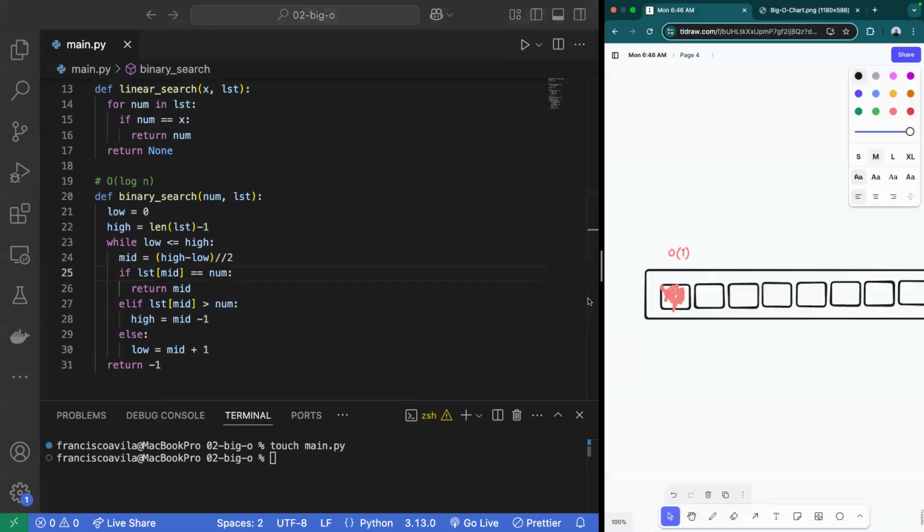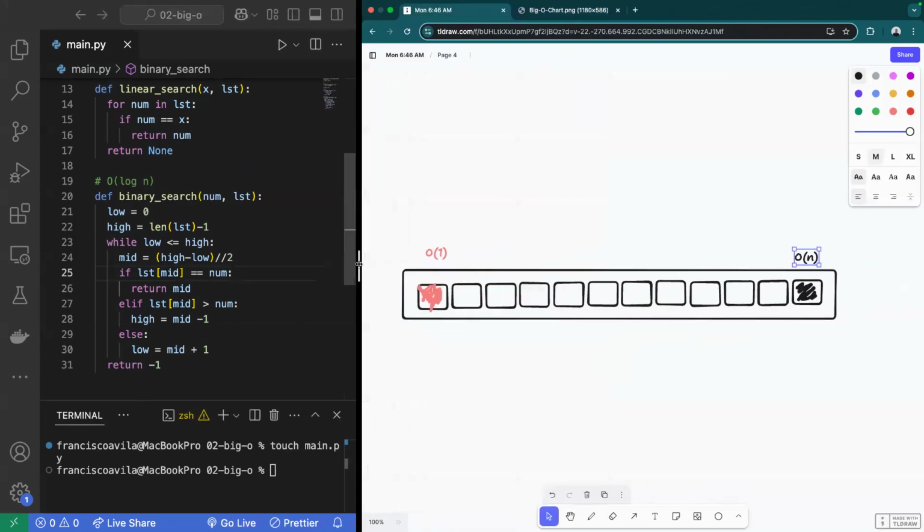Now, let's draw this out. Why is this O of log n? Let me go ahead and delete the information that we currently have. Let's say our targeted value is this nice little gold square here. What we're going to do is determine low.